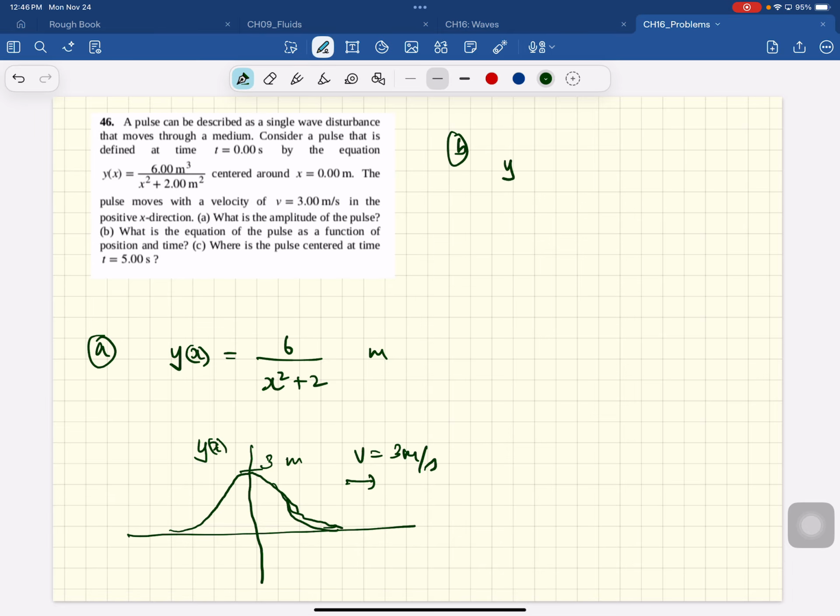So here's how you make the pulse travel to the right. You replace x by x minus vt. And if you wanted to make it travel to the left, what would you do? Plus vt. So here is the pulse traveling to the right.